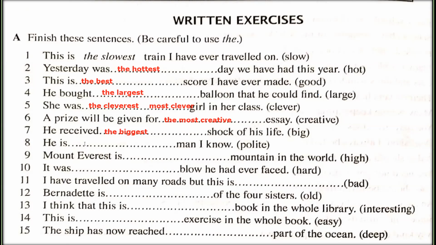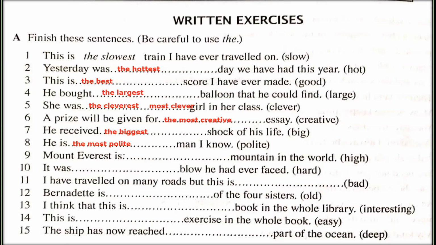Number 8, he is dash man I know. I know means he knows many, but he is the dash. So what will be? He is the, yes, he is the most polite man I know. Or you can say he is the politest man I know. Okay, number 9, Mount Everest is dash mountain in the world.